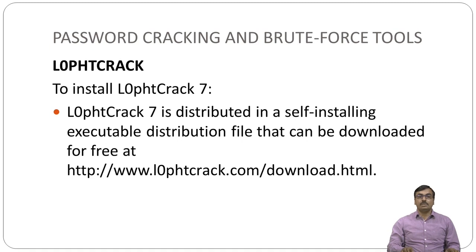So how to install it? L0phtCrack 7 is the latest version in the current scenario. It is distributed in a self-installing executable distribution file that can be downloaded for free at the mentioned website, l0phtcrack.com, download HTML.